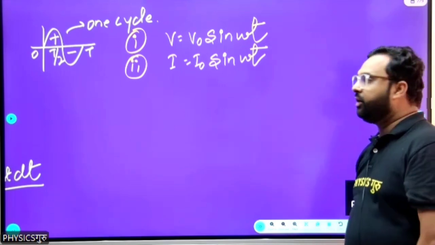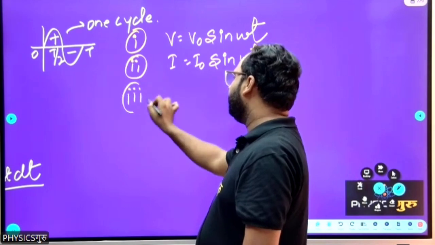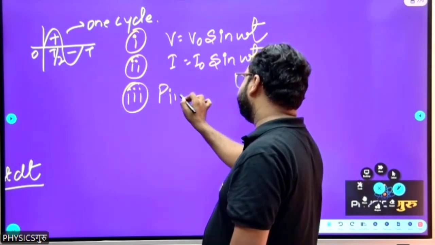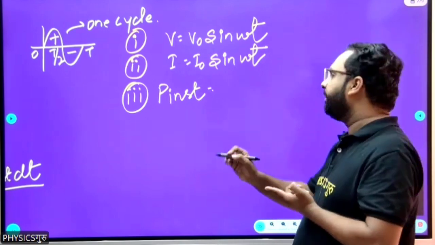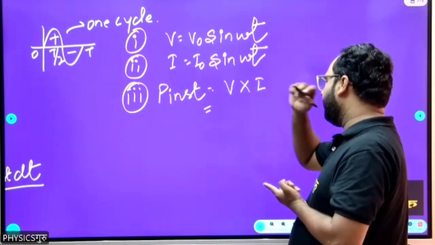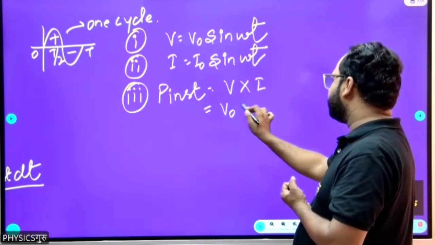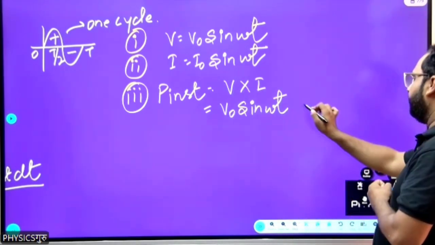Step number 3, we need to find instantaneous power, which is nothing but multiplication of voltage into current, V into I. Now just substitute the values here. So V naught sine of omega t into current, and what is the value for current?